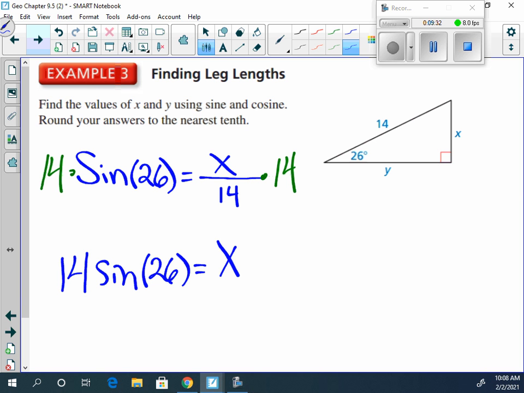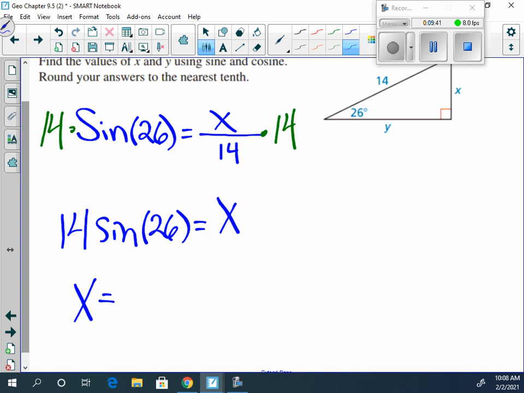So I know all of you know this off the top of your head. 14 times sine of 26 is just something you have memorized, right? No. But it is easier to work with than it used to be, because you used to have to get a table that had sine values to 4 decimal places and pull it out to reference it. But we don't have to do that anymore.